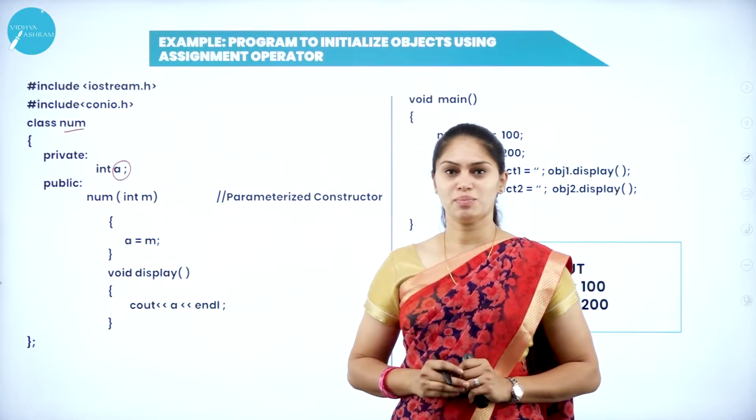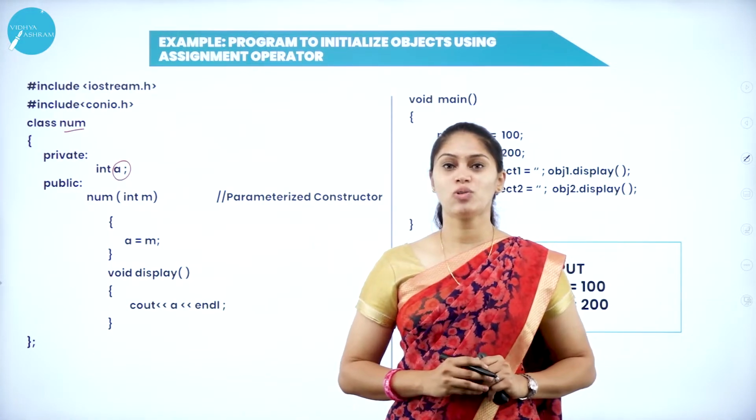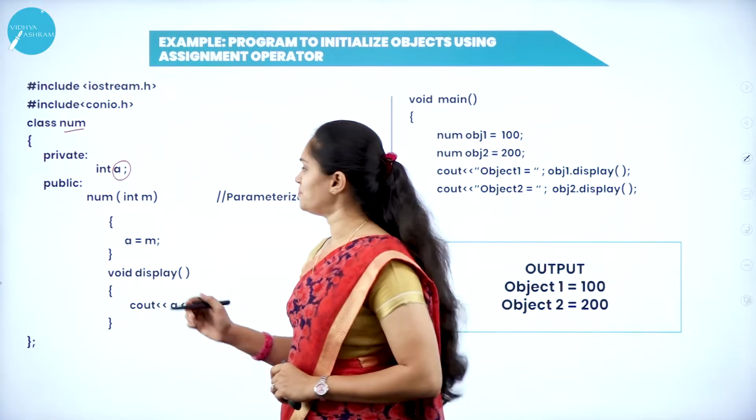So you are not supposed to take two arguments; you have to take only one. How it works, we'll see now.